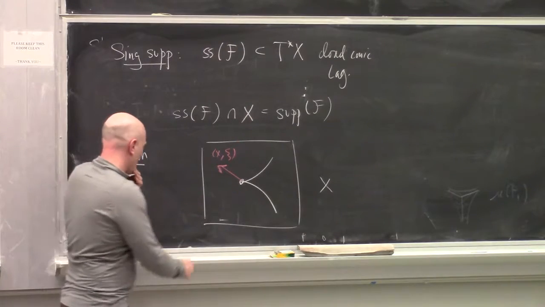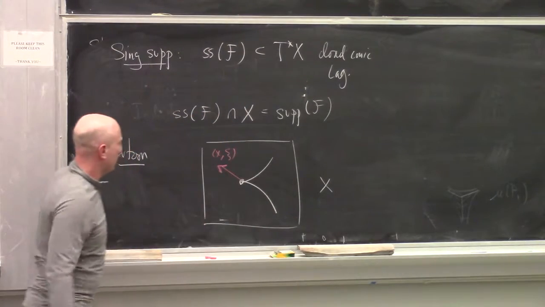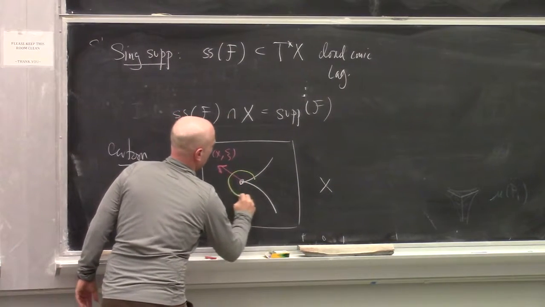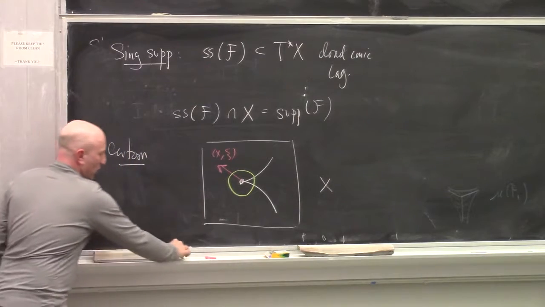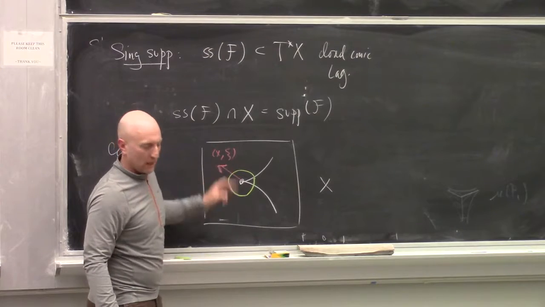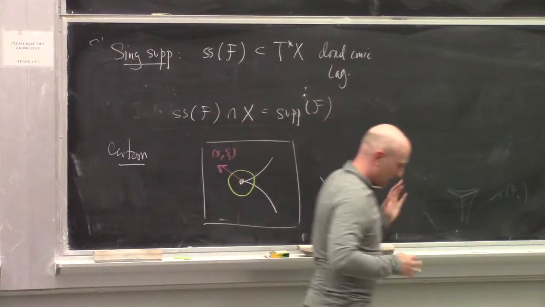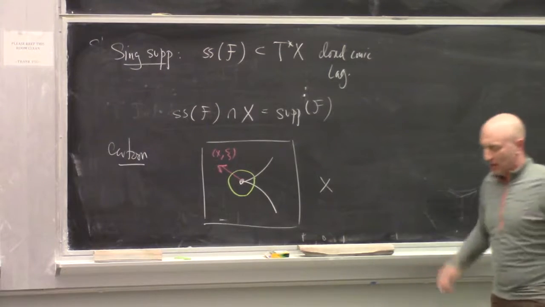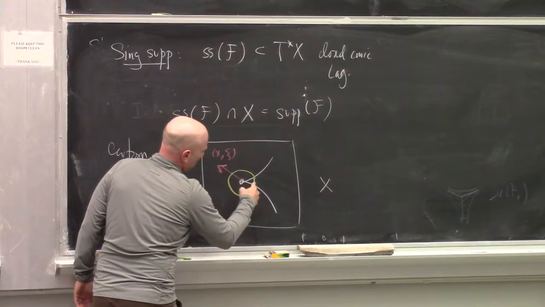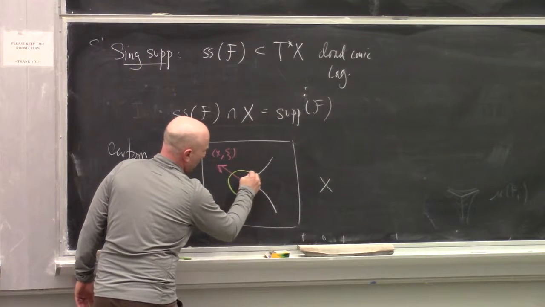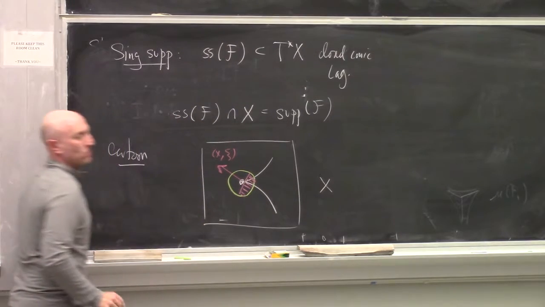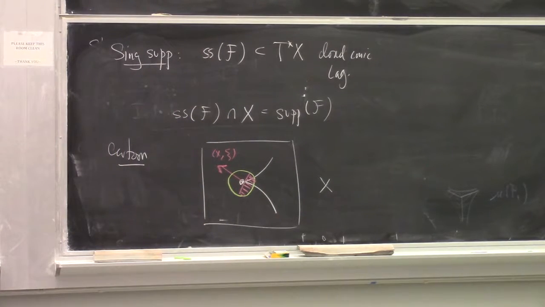The test that you do is you take a small ball around x, and then you pick some function which is 0 at x and whose differential is the covector. If your covector is not generic, you have to say something about the quadratic part, but let me just ignore that. You basically look at the cohomology of your sheaf on this ball relative to the negative half space involved. So you make that cohomological calculation.